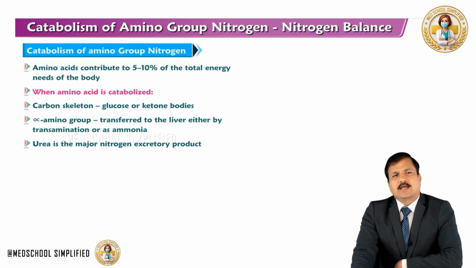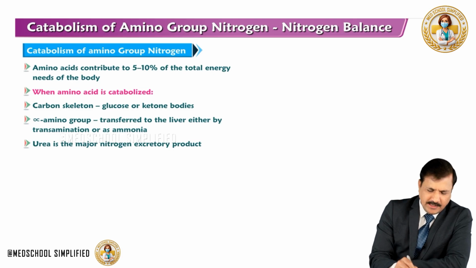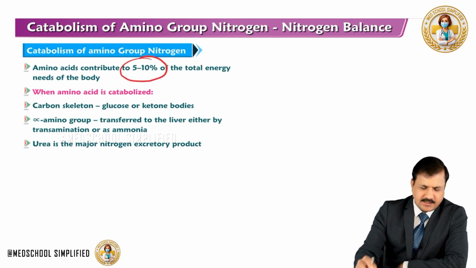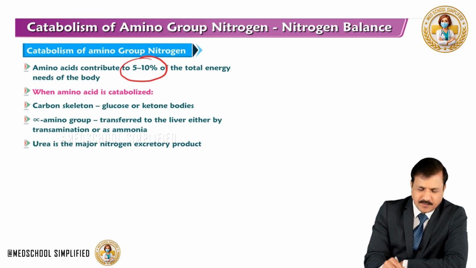Now let's look at catabolism of amino group nitrogen. Amino acids contribute to only 5 to 10% of total energy needs of the body. Otherwise, the body will get energy mainly from carbohydrate stores in our body, and that is glycogen and glucose.